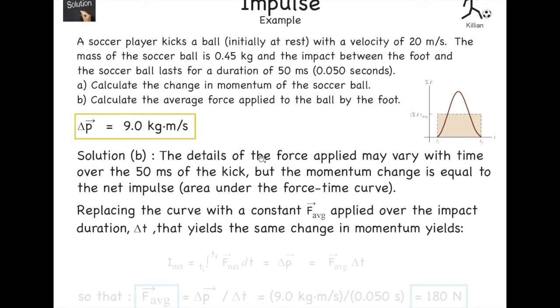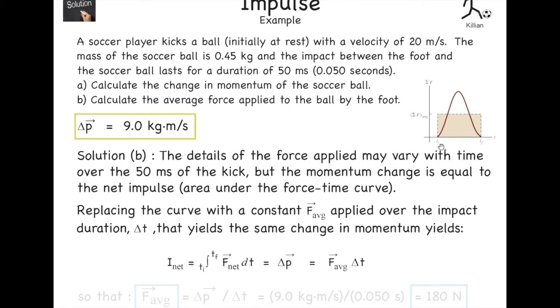So replacing the curve with a constant F applied over the entire impact duration will yield the same change in momentum. And that's what we care about, because the impulse-momentum theorem tells us that the net impulse, the net change in momentum, is equal to the total integrated force over that time.